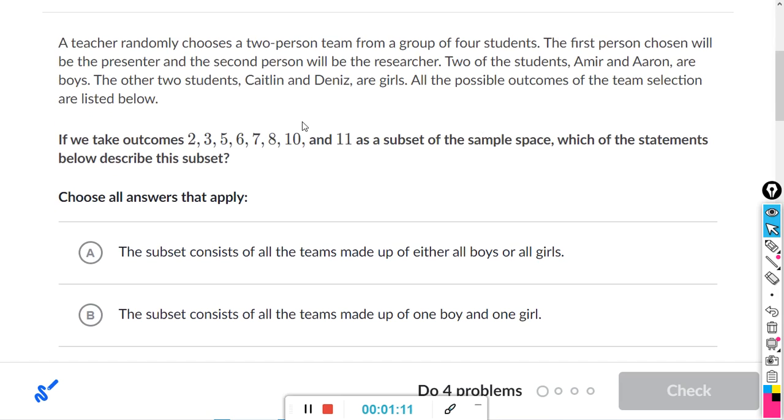First person is the presenter, second person is the researcher. Sometimes for these you might have to take notes. So the first is a presenter, and the second is the researcher.